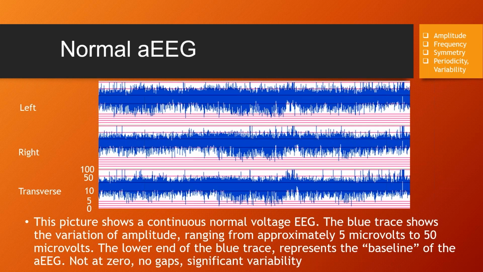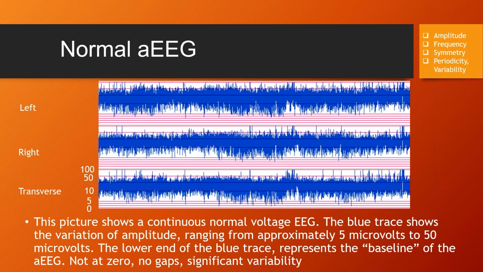But what we're going to assess from this is a normal amplitude integrated EEG because we see the variability in the EEG in the trend. And again, I'm making some assumptions, but what you will be able to determine from this is the amplitude is what we would expect. It's variable.